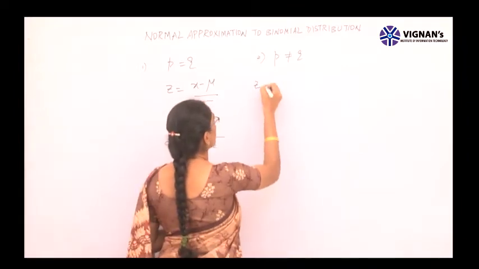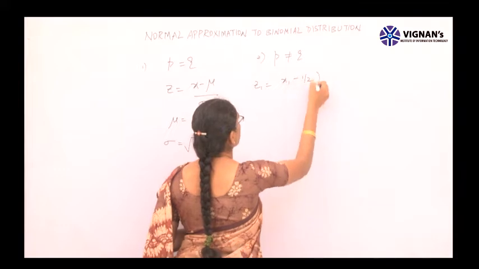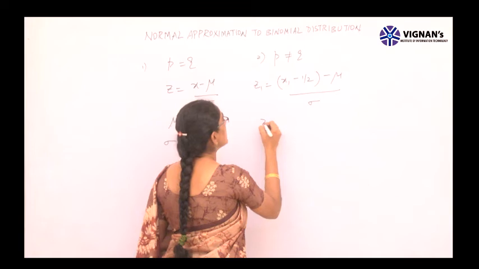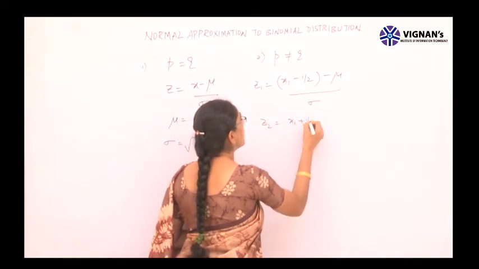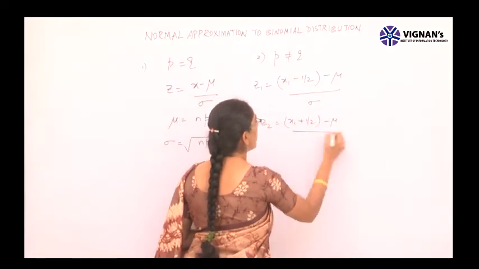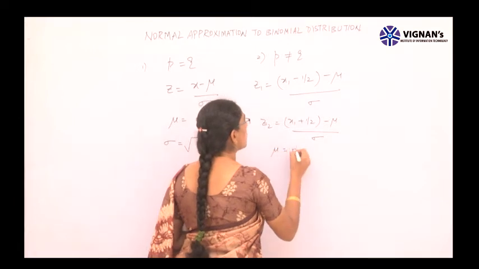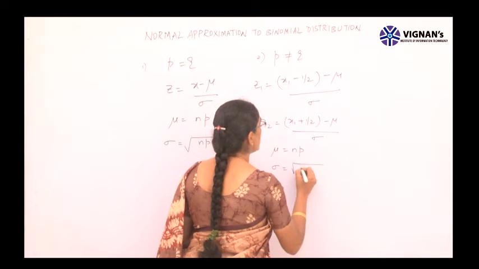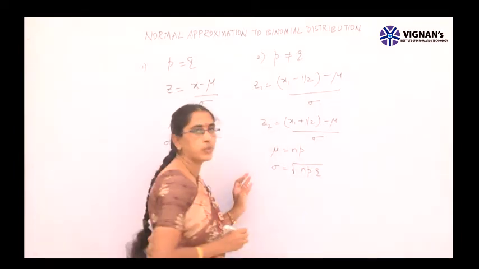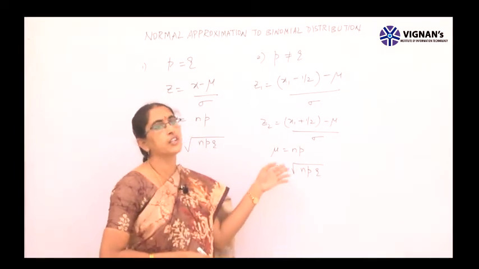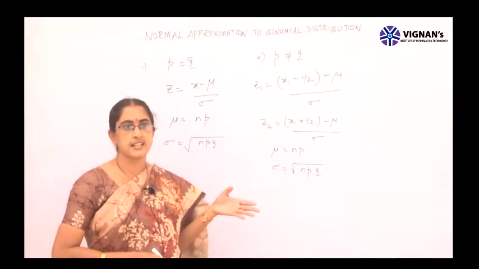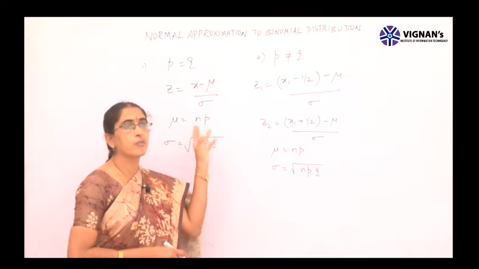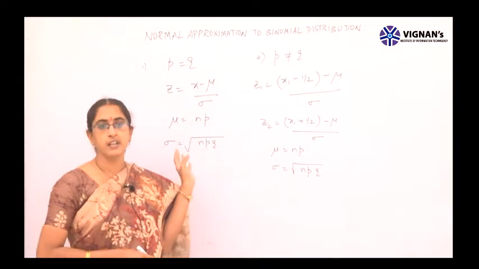Here Z1 is given as x1 minus 1 by 2 minus mu by sigma, and Z2 is given as x1 plus 1 by 2 minus mu by sigma, where here also mu is the mean of the binomial distribution and sigma is the standard deviation of the binomial distribution. And we know the formulas of probability of Z1 when Z1 is less than 0 and when Z1 is greater than 0, right? So these are the conditions when the normal approximation tends to the binomial distribution.